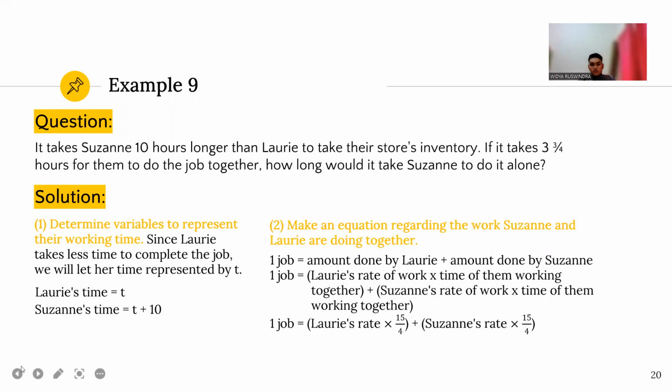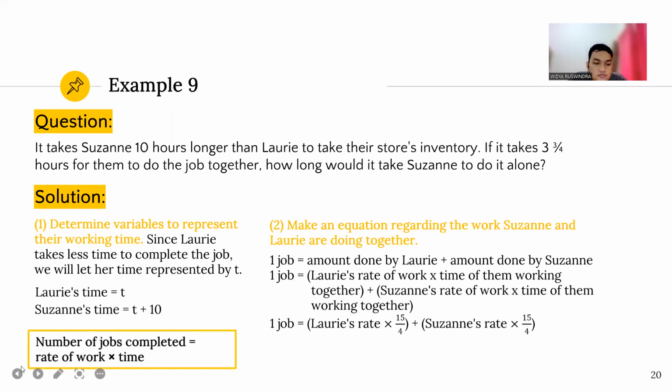We get the equation: 1 job equals Laurie's rate times 15/4 plus Susan's rate times 15/4. And this is a formula: number of jobs completed equals rate of work times time.